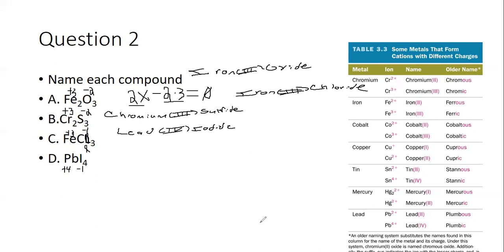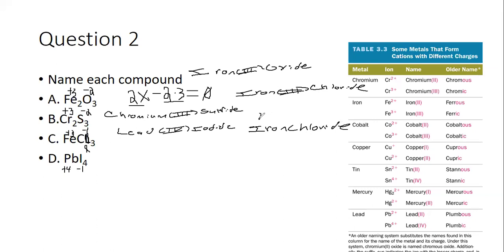So let me tell you why we have to do this. Imagine that we lived in a world where we didn't have this naming scheme. And I was talking to another chemist and I said, I'm working with iron chloride, or I need to do an experiment. Please buy me iron chloride.